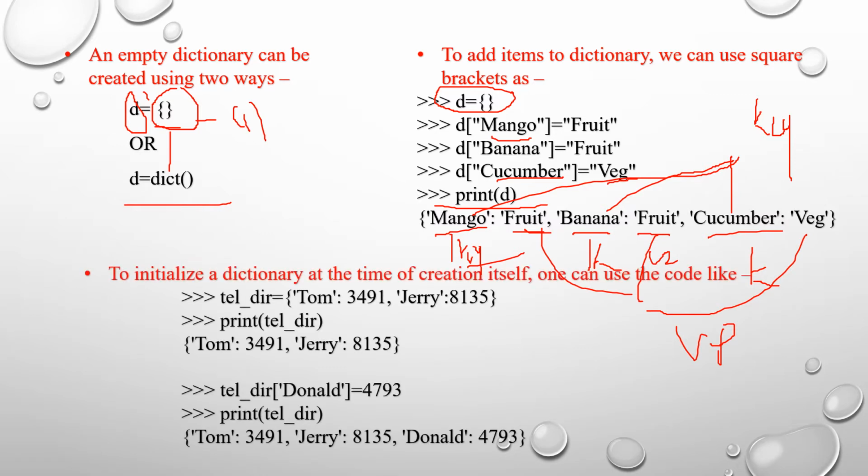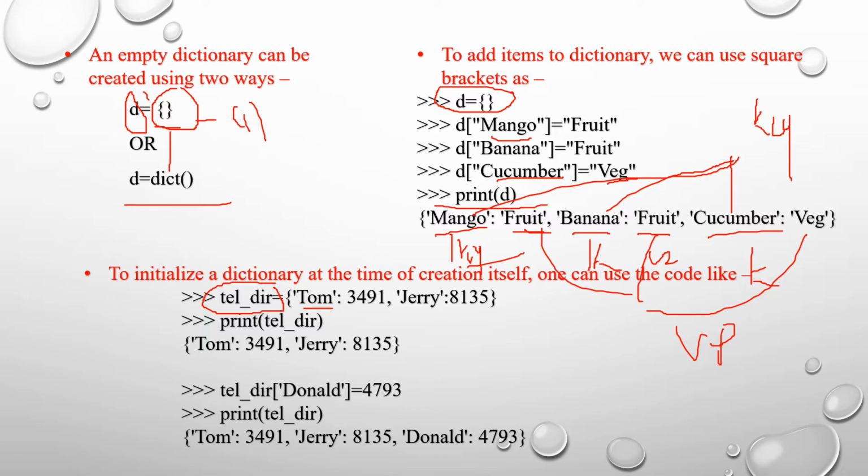Let's consider one more example. To initialize a dictionary at the time of creating it, one can use code like this. Here I created a dictionary variable named tel underscore dir. It is equal to, first we open the curly braces, then specify the key.